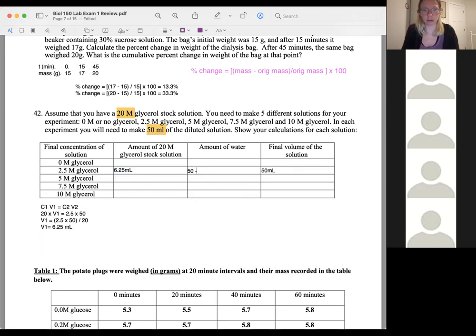So basically we take our final volume minus what we added from the stock, and that will give us our amount of water to add. 43.75. Yeah, 43.75 milliliters, exactly.